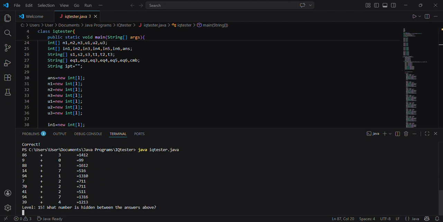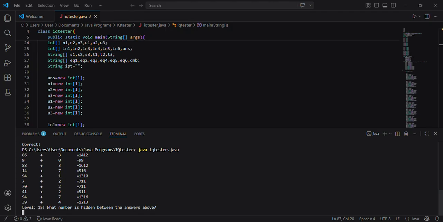So the next question is, what is the hidden number between the answers above? Here we have to look at the equation on both sides: the left hand side with two numbers and the right hand side with the calculation applied to the two numbers.